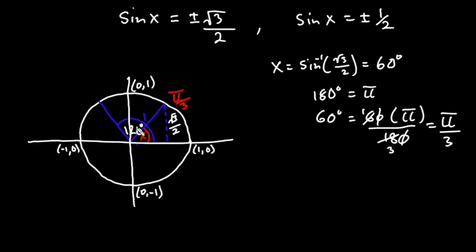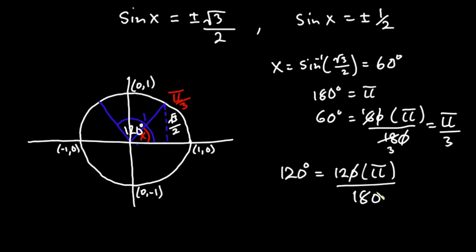Now how do we change this one to radian? We know that from here 180 is equal to pi, therefore 120 degrees will be equal to 120 times pi divided by 180 degrees.